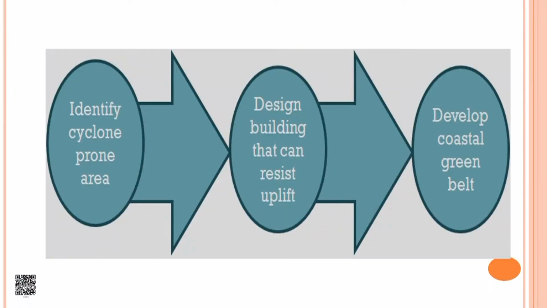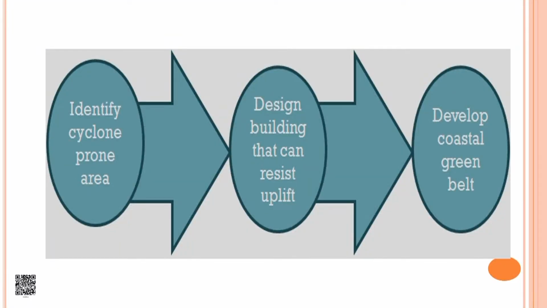So, no single approach will be able to address the community's vulnerability to hazard. A multi-pronged, most effective approach is required to reduce the risk, incorporating protection, accommodation and retreat options to handle the cyclone risk.